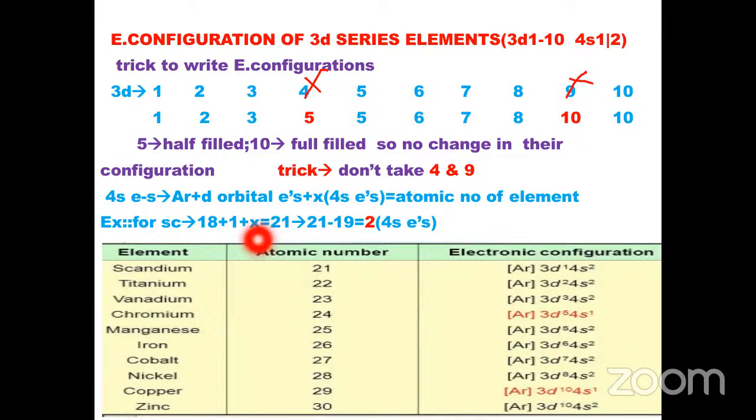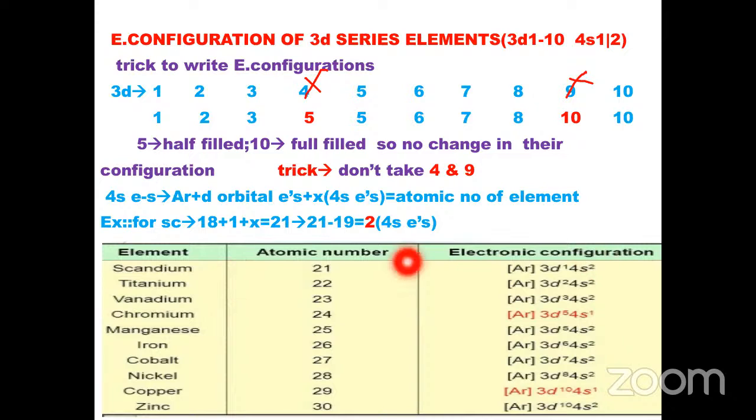Then equal to the atomic number of that corresponding element. We are calculating the 4s electrons of scandium. So what is the atomic number of scandium? 21. So that is equal to 21. Then x is equal to 21 minus 19. That is equal to 2. These two are filled in the 4s orbital of scandium.